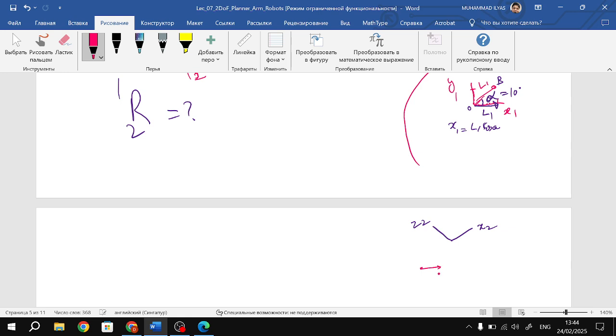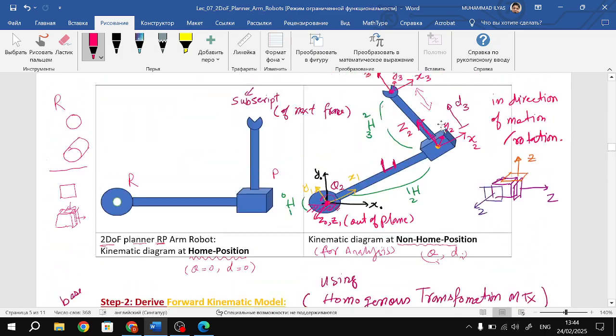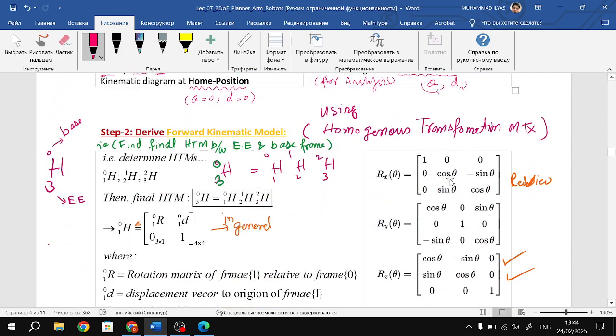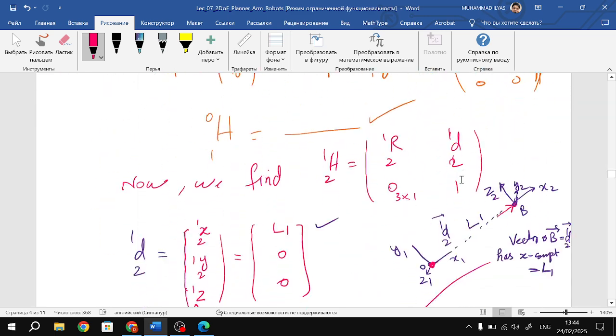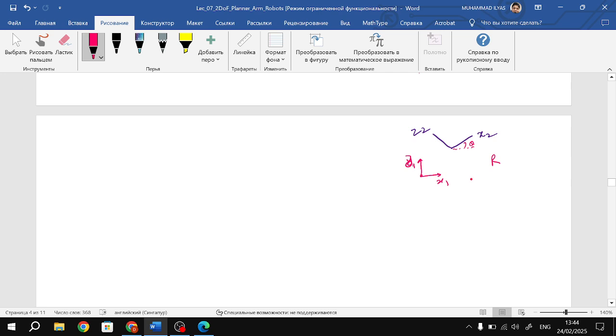Let's say this one is x1, and let's say y1, or whatever, z1. What is the angle between them? This is theta. In this case, you find the rotation matrices based on these formulas, right? But what if the angle becomes 90? Well, instead of cosine, we'll have 1.